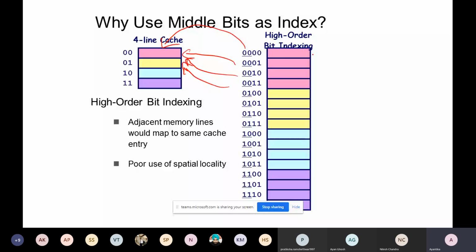All these 4 locations are getting mapped to this single cache line. Now there is a high chance that when you write your instructions, the addressing is such that instruction 1 is here, 2 is here, 3 is here, 4 is here.